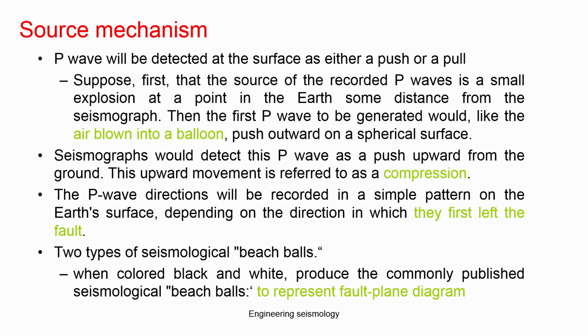Two types of seismological beach balls are used: the colored beach ball and the black and white beach ball. As I told you, the beach ball is different from your regular football and volleyball. Your regular football or volleyball may have a uniform color, almost similar with some kind of design.